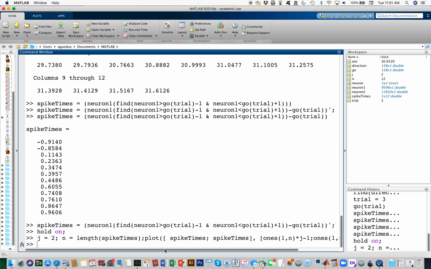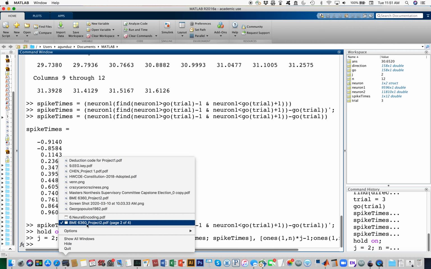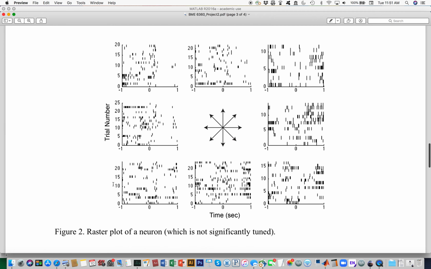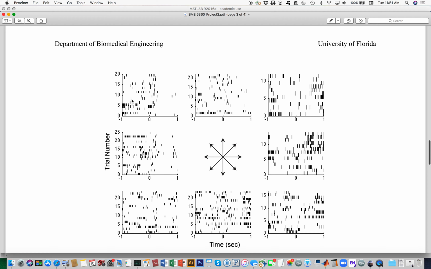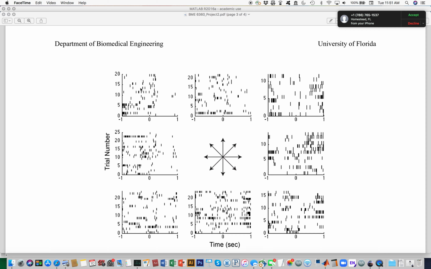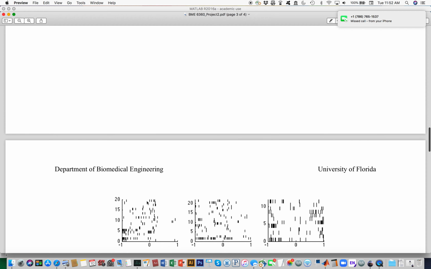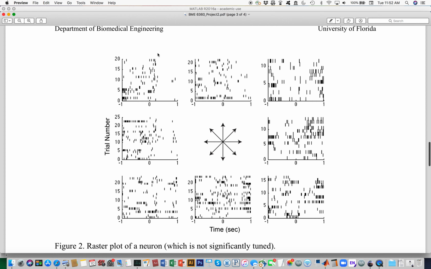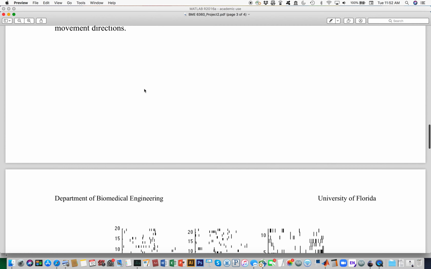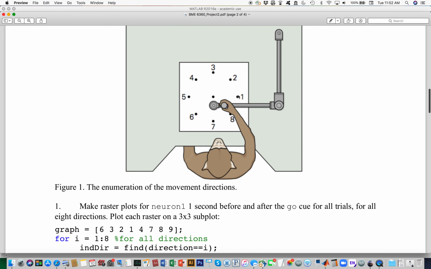Now, the goal is to put these in places that are going to be relevant. In MATLAB, the way to do this is a subplot. You can do a 3x3 subplot, but you can't just put direction 1 here, because the experiment defined direction 1 to be here.